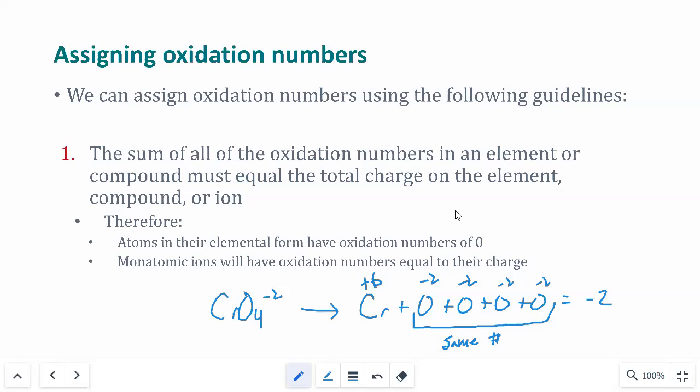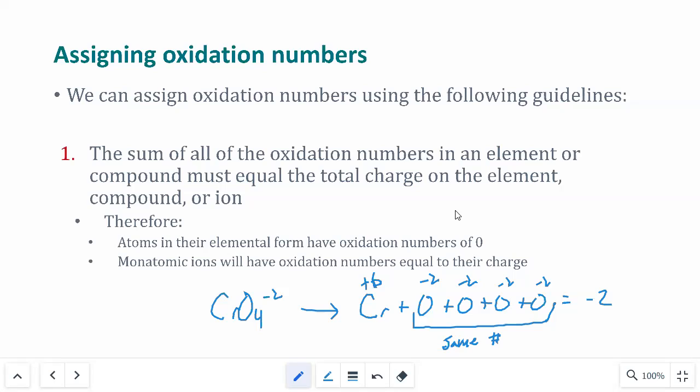If I have chlorine as an atom, 0. Molecular chlorine, Cl2, also 0. So if I have an element by itself, it's going to take on whatever the charge is. If it's uncharged, if it's neutral, then every single one of those atoms is 0. If it is a monatomic ion, like the chloride ion, it'll just take on its normal charge.